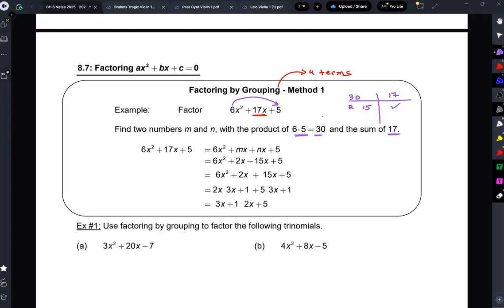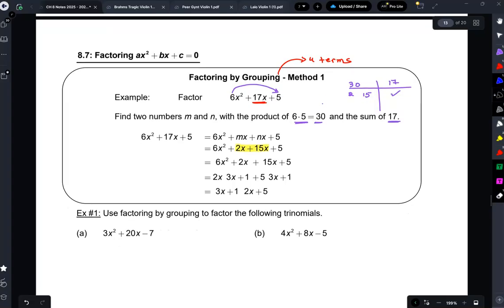So that's the one that I want. So now, instead of the 17x, I write 2x plus 15x.